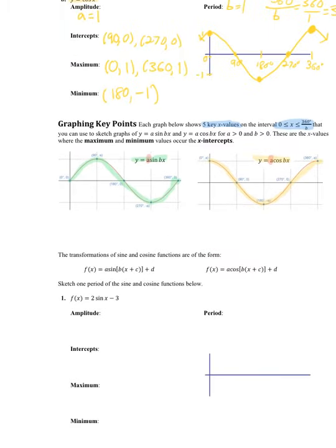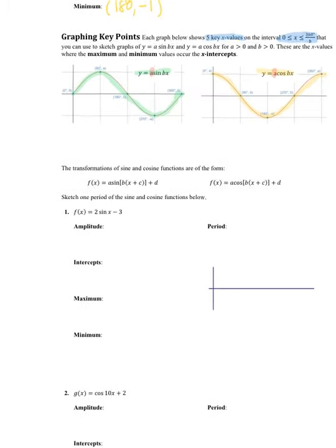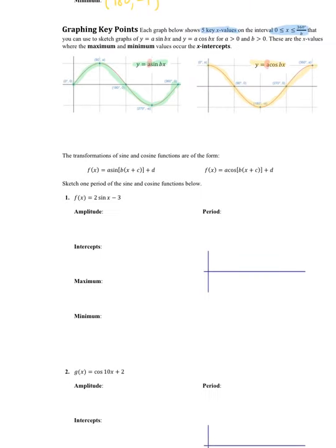So what I want to be able to do now, when we look at examples, for the first one, I see sine function. I see that there's going to be this weird 2 and there's going to be this -3 there. But first thing I notice, sine function, I know what that picture is going to look like. It's going to start at 0, go to the maximum, back to 0, down to the minimum, back to 0.